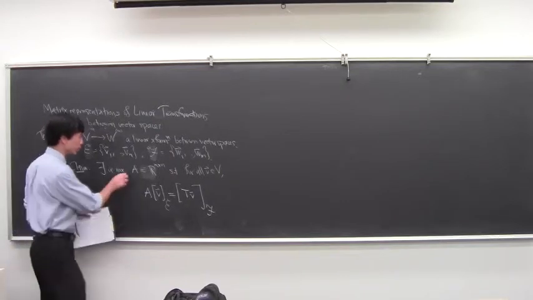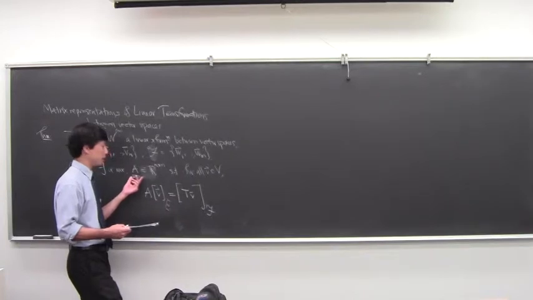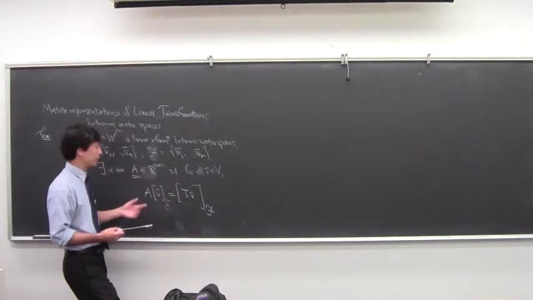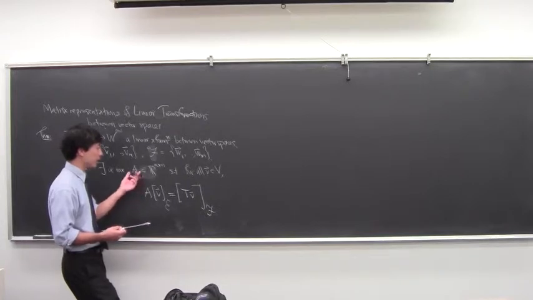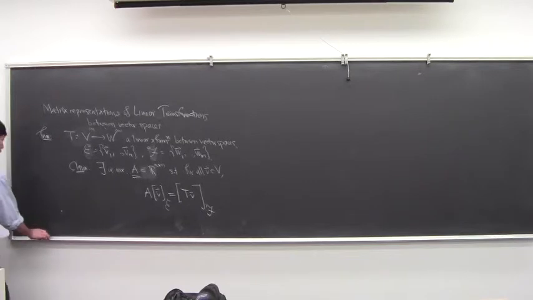Okay, and this matrix is considered to represent the linear transformation. It basically encapsulates exactly the behavior of the linear transformation. Here's the picture, or the diagram.